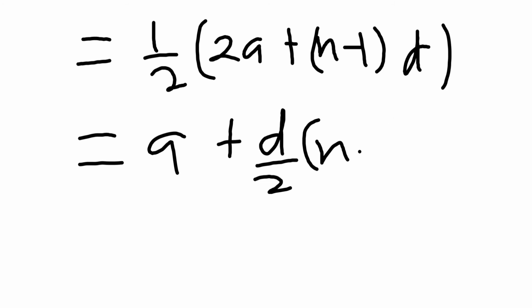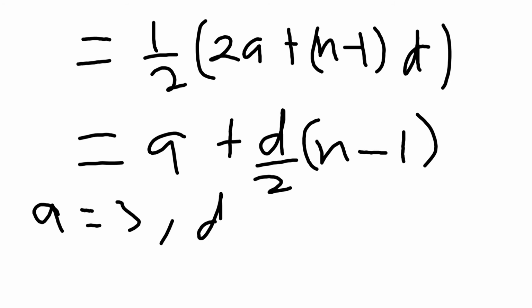If we substitute directly into this, we already know our a, where a is equal to 3, and d is equal to 7. Now we are expected to look for n, but n is not yet known. So what is n?